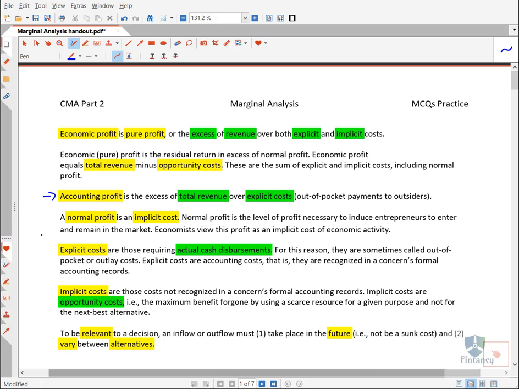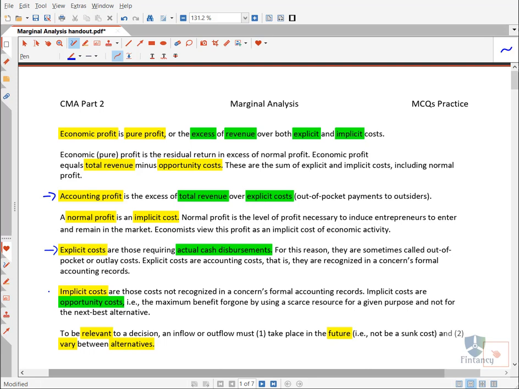So you need to remember that all the expenses which you write in the income statement, they are called explicit costs, okay? If you see here, explicit cost is also discussed here. They are actual cash disbursements, fine. For this reason, they are sometimes called out-of-pocket or outlay costs.